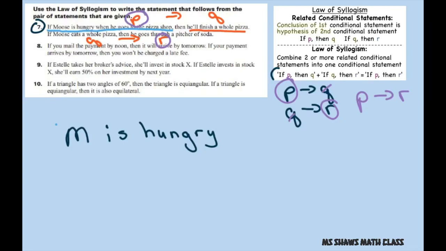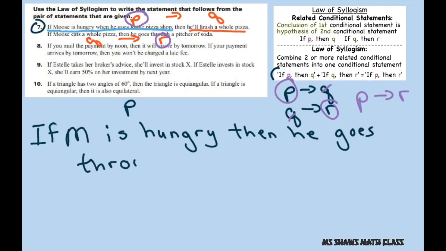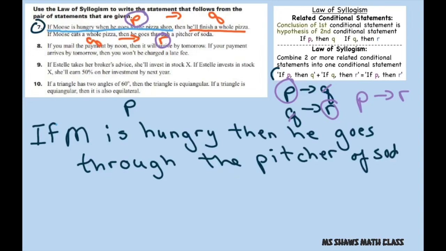And then for your R, he goes through a whole pitcher of soda. So we'll just write if the moose is hungry, then he goes through the pitcher of soda. So you see why I don't want to write all this down, because you're just going to look at the sentence and all we're taking is the if P, then R.